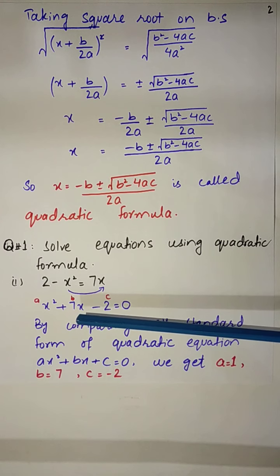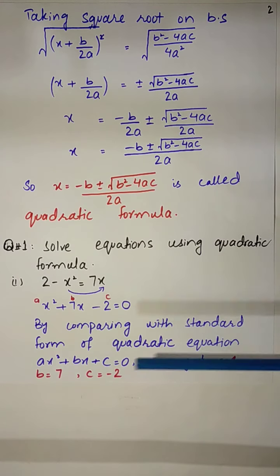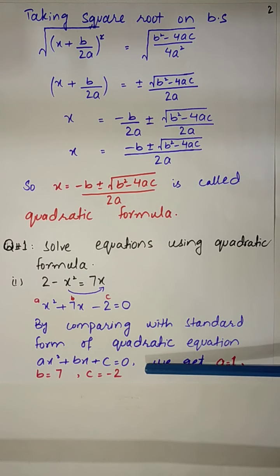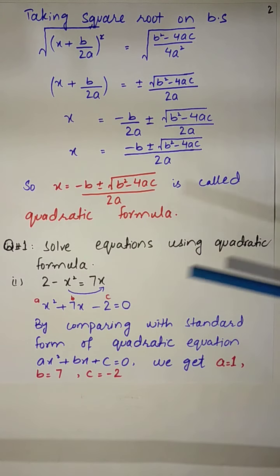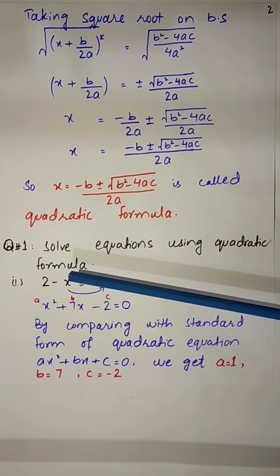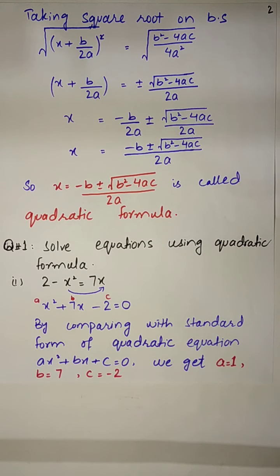We will write this statement also in our questions: by comparing with the standard form of quadratic equation ax square plus bx plus c is equal to 0, we get a is equal to 1, that is the coefficient of x square, b is equal to 7, that is the coefficient of x, and c is equal to minus 2, that is the constant value.